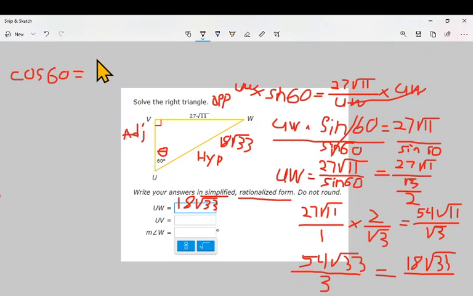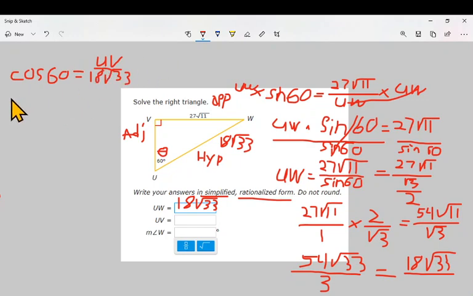We don't know what it is yet, so we'll write side UV all over hypotenuse, which is going to be 18 square roots of 33. Okay, it's much easier to get this side by itself, UV. All we do is multiply both sides by 18 square roots of 33 to get that UV by itself.